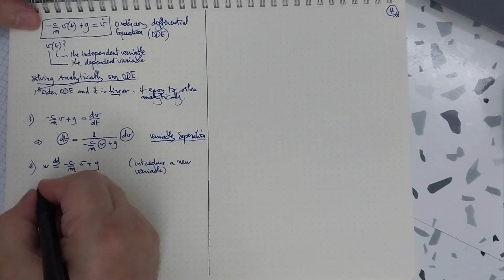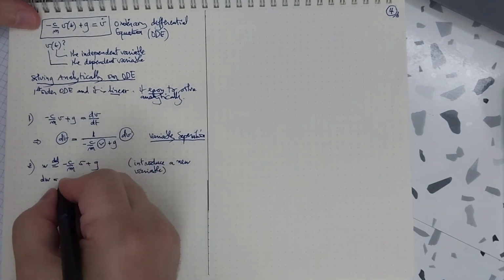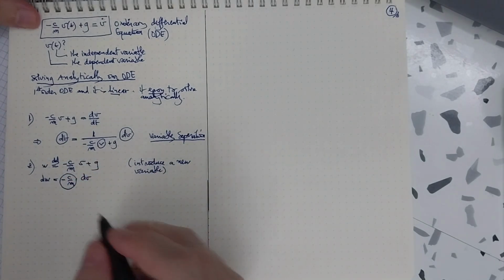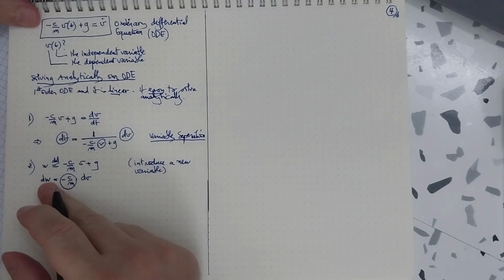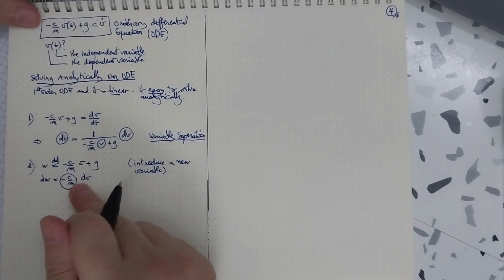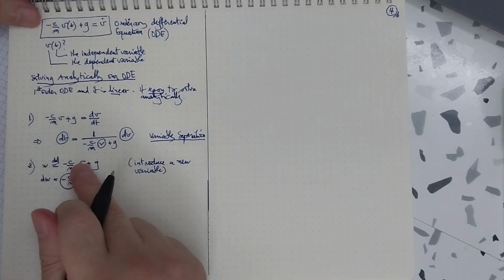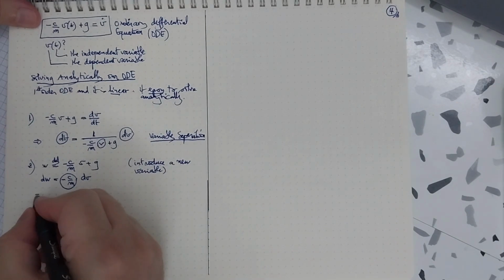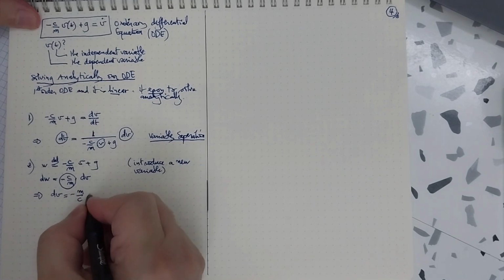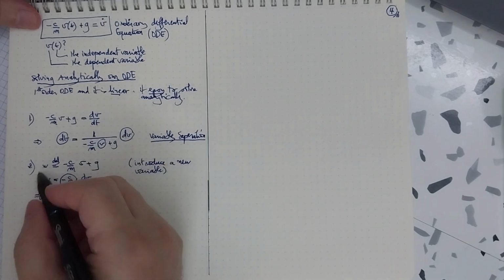So we calculate dw, the differential of w, equal the derivative of this with respect to v. That's minus C over m times dv. This is the definition of differential. The differential of any function of one variable is the derivative times the differential of the independent variable. Here the independent variable is v, w is a function of v. So this implies that dv equals minus m over C dw. And now we replace them with w.